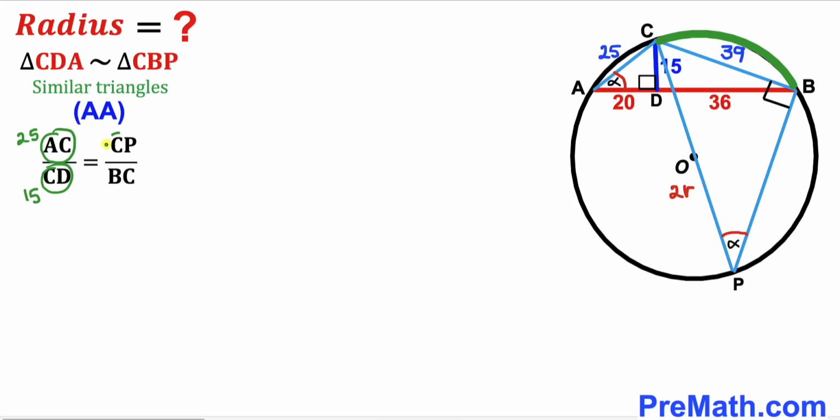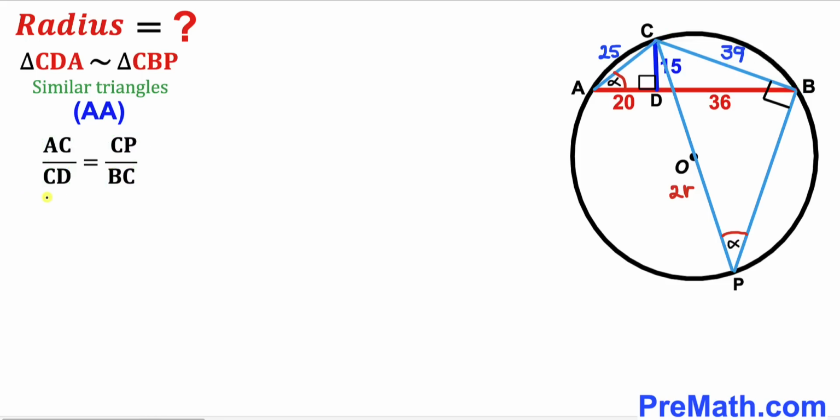Now let's focus on CP. This is our diameter, and we know our diameter is 2 times r, so I'm going to replace that with 2 times r. Finally, this BC segment is our chord BC, which is 39 units, so I'm going to replace that with 39.